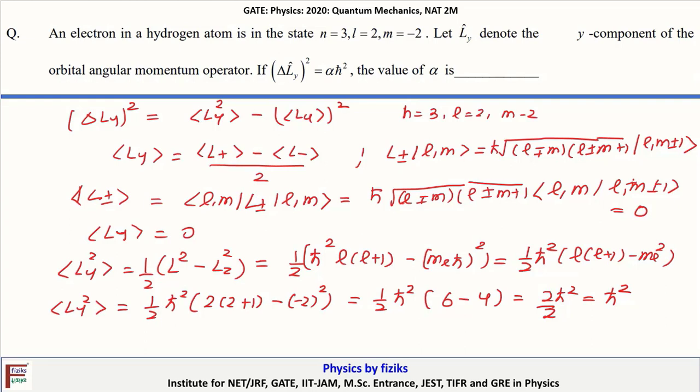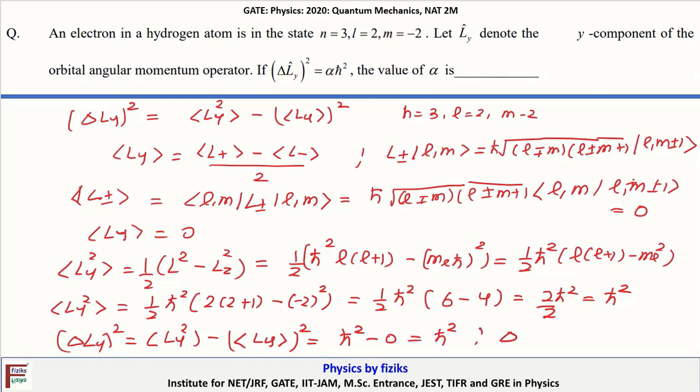So delta Ly square is equal to the expectation of Ly square minus the square of the expectation of Ly, which is h cross square minus 0, equal to h cross square. Comparing with delta Ly square equals alpha h cross square, we get alpha equals 1.